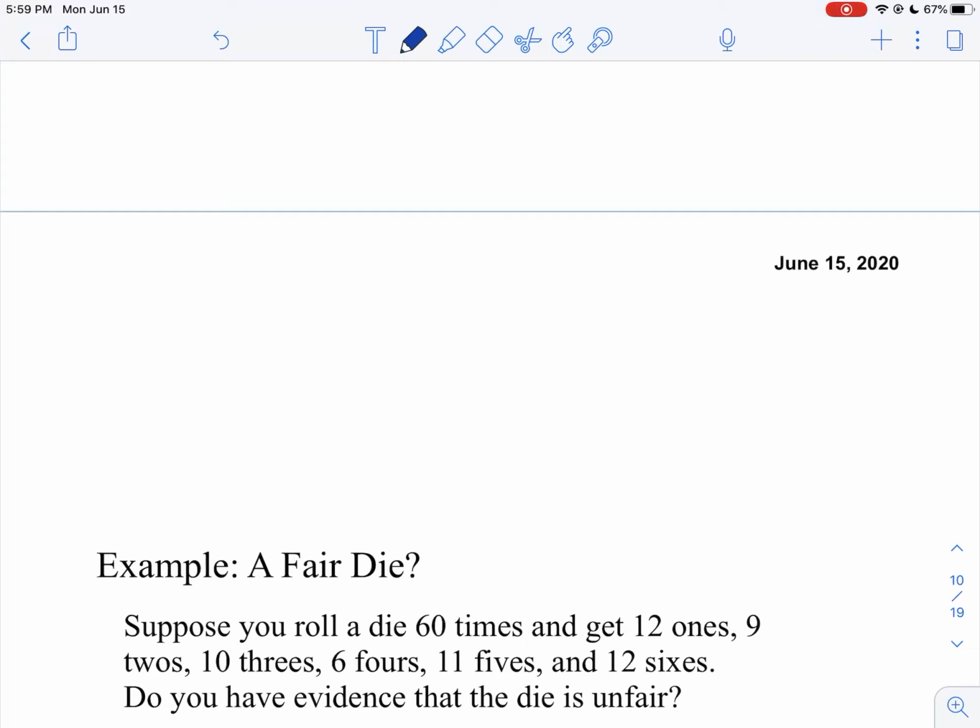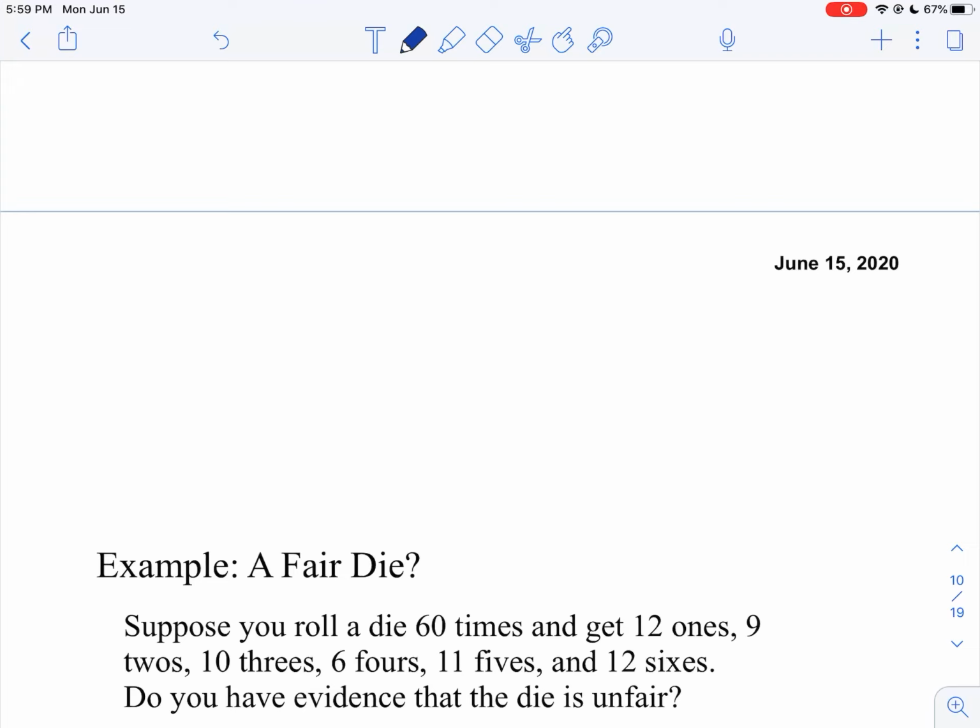What does that mean, unfair? Or what does it mean if a die is fair? It's weighted so that each side has a probability of occurring 1/6 of the time. 1/6 of the time I should roll a 1, 1/6 of the time a 2, and so on. But when I roll a die, I don't exactly expect a 1, a 2, a 3, a 4, a 5, and a 6 in 6 rolls.